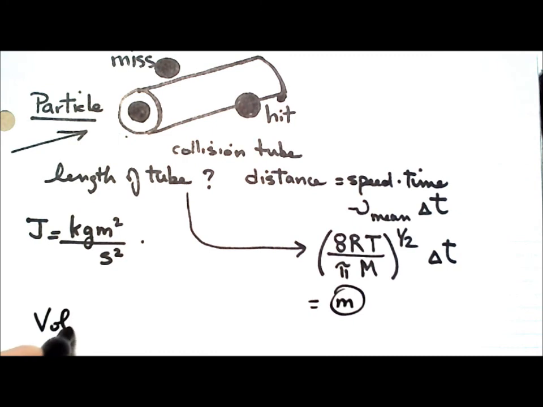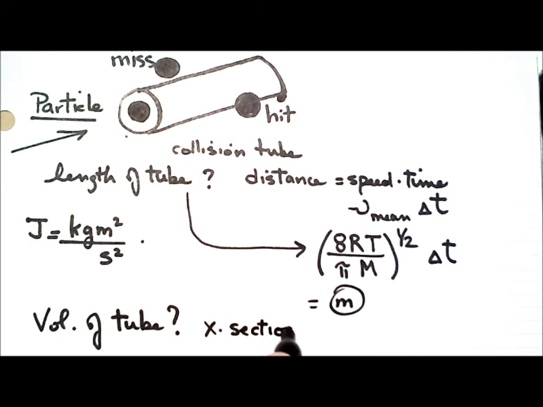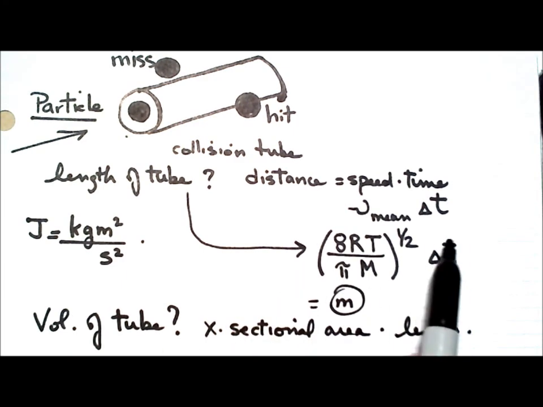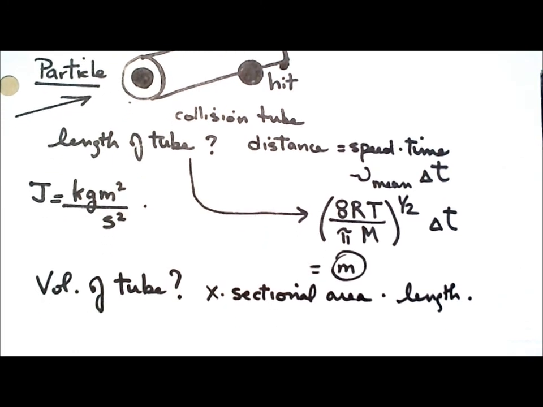Given that, what is the volume of the tube? How would you find the volume of the tube? Well, again, volume should be cross-sectional area of the tube multiplied by its length. We just calculated the length of the tube up here, and we need a cross-sectional area. Let's move this up.